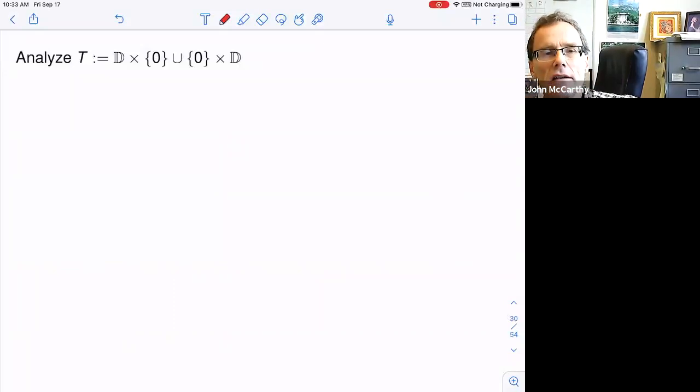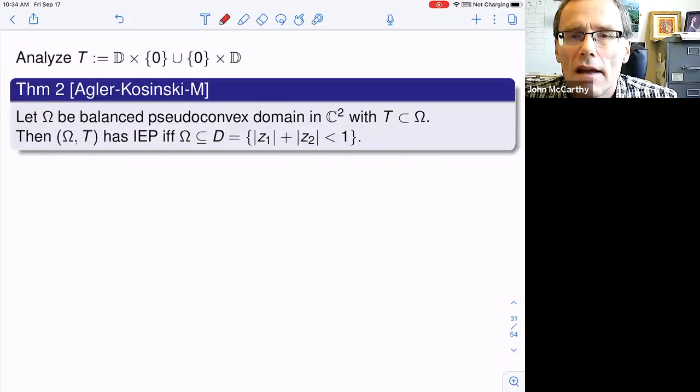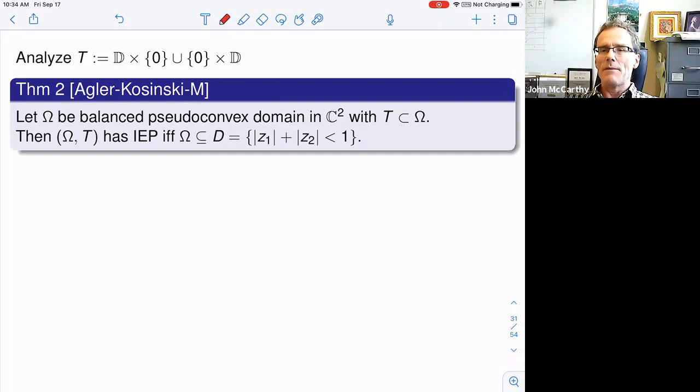So let's analyze the 2-cross disks again, and now we're going to ask, suppose I want to find all sets omega so that the pair omega T has the isometric extension property. Well, in some ways, the diamond is the maximal such set.